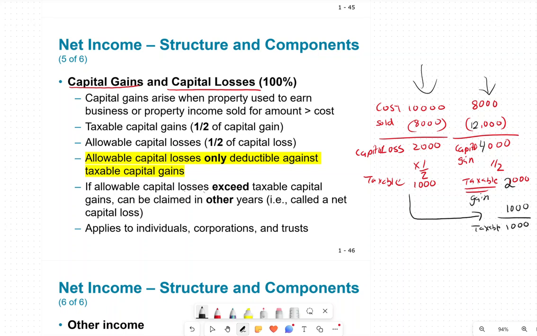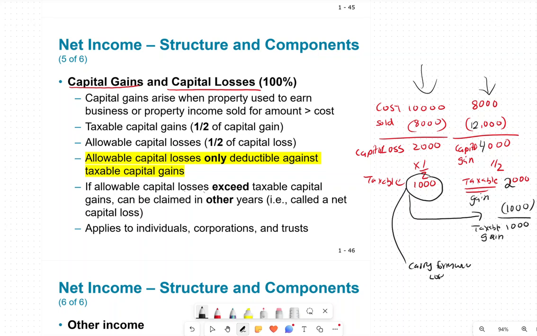So what happens if allowable capital losses exceed the capital gain? Then what we do is, if your losses exceed, we carry forward those losses. In this case, we don't have any carry forward. Our gain was $2,000 and our loss was $1,000. So we have a taxable capital gain, and when we have a gain, we pay taxes on it.